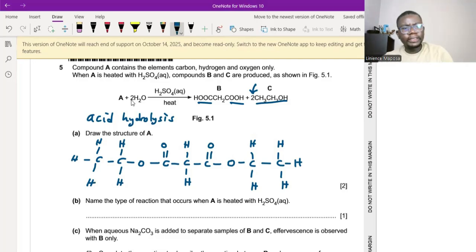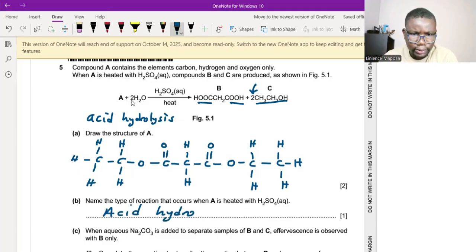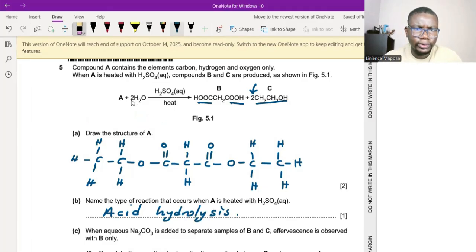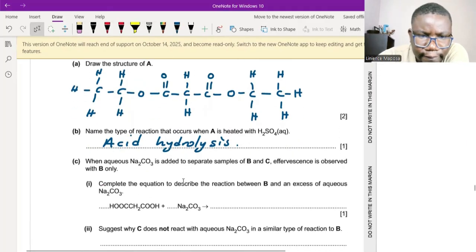So when we added the water in the presence of acid and heat, we then broke the ester bonds. Name the type of reaction that occurs when A is heated. I just mentioned it. It's acid hydrolysis. Or if you say hydrolysis, it's up to you. Acid hydrolysis. So I can erase it here. I didn't know they were going to ask it, but they did.